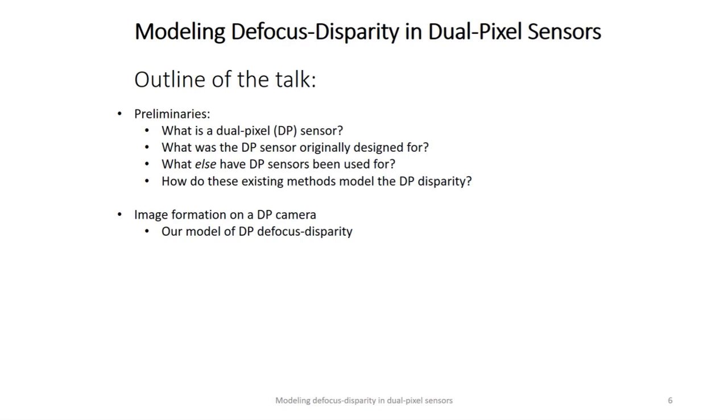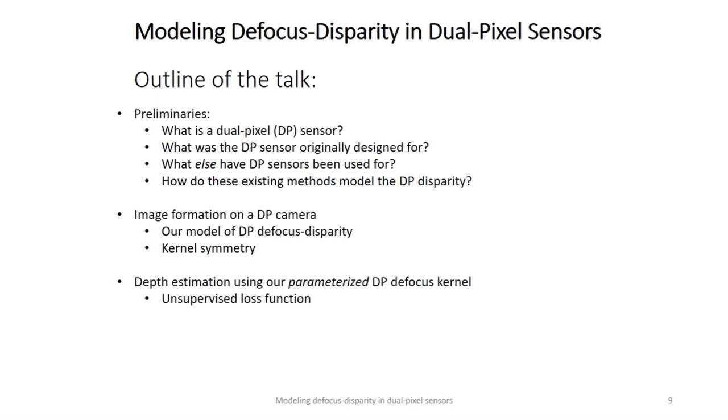Having covered these preliminaries, I will introduce our model of DP defocus disparity using the image formation model on a DP sensor. Next, we will identify a key symmetry property of DP defocus kernels and introduce a parametric version of this DP defocus blur kernel, which we will then apply to the task of depth estimation.